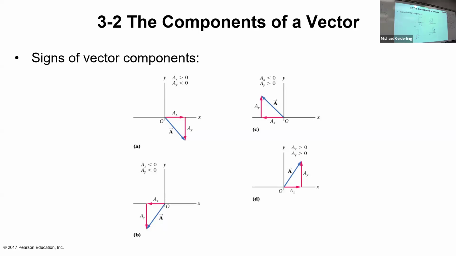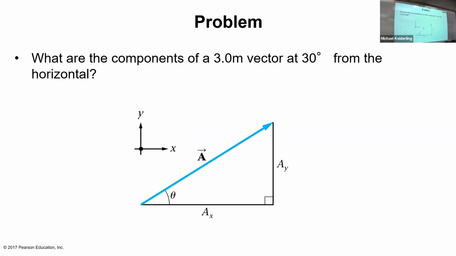But a lot of the time in problems, just because it's convenient, probably the majority of problems will be in this domain, or this one. So here, what are the components of a 3-meter vector at 30 degrees from the horizontal?